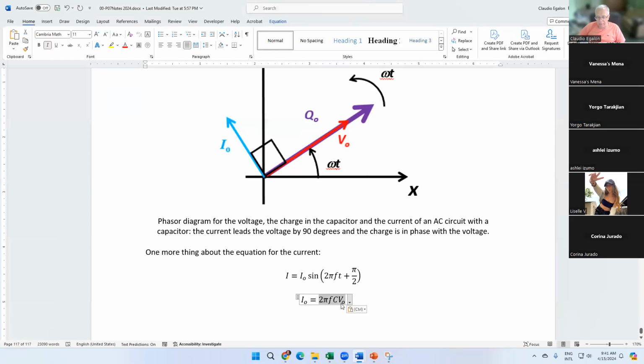We are going to use an analogous equation to Ohm's law, V equal to Ri, or I equal to V over R, so V over I.